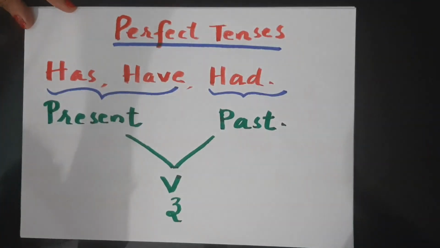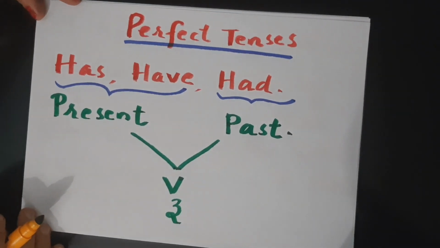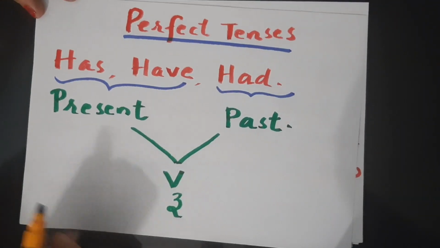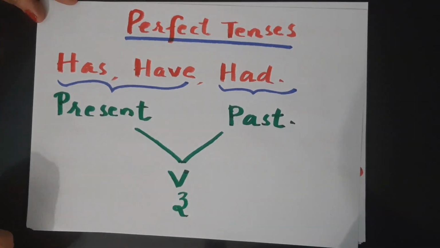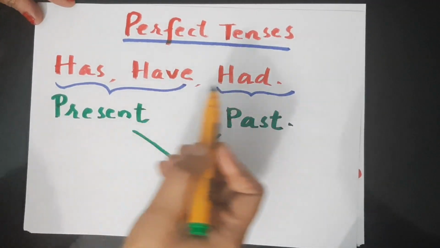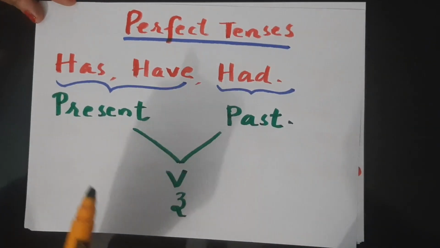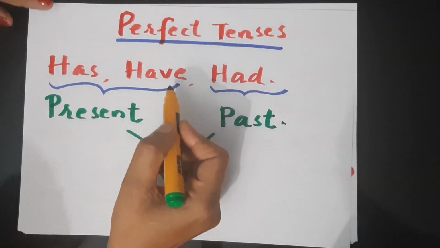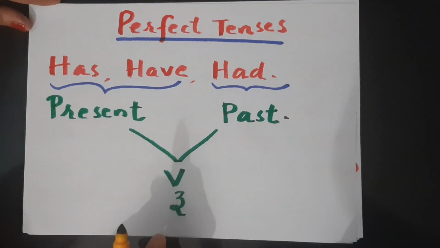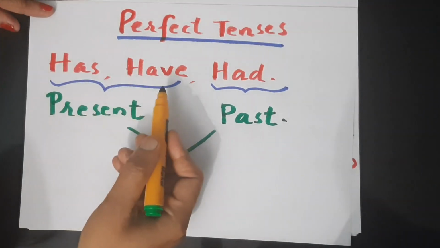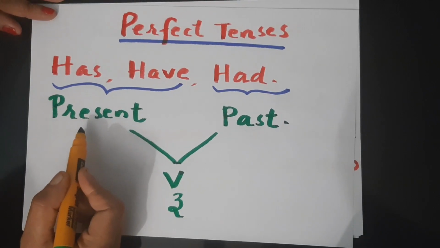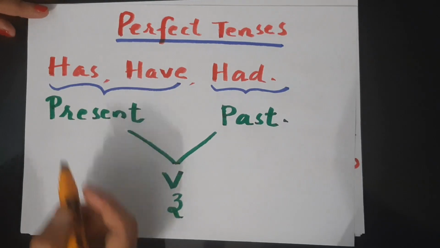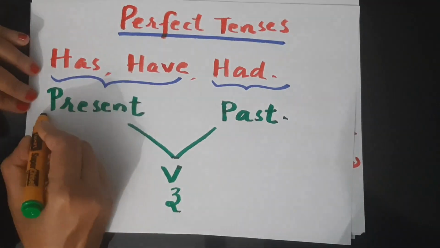Okay, how can you identify that the given tense is a perfect tense? That's quite easy. The auxiliaries has, have and had denote that the given tense is the perfect tense. Okay, has, have and had. Among them, has and have is present perfect, whereas had is past perfect.